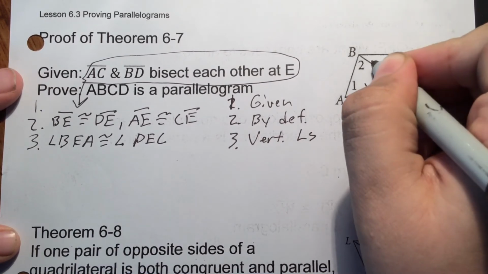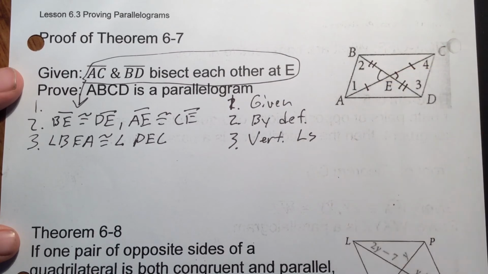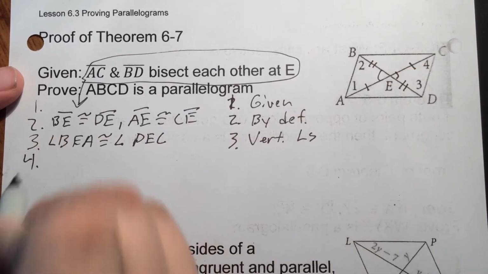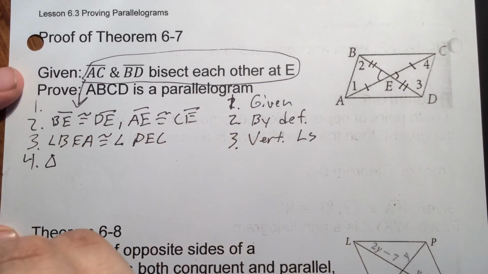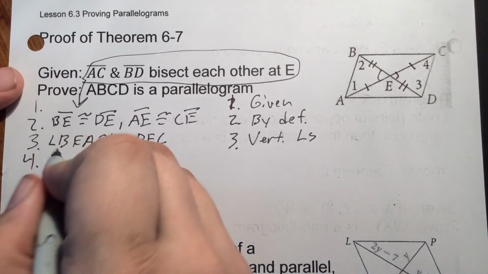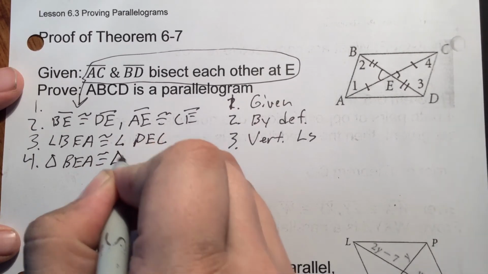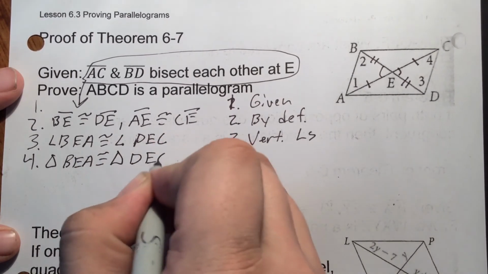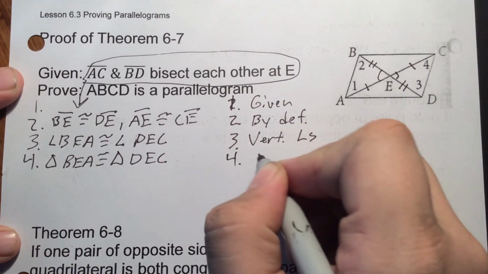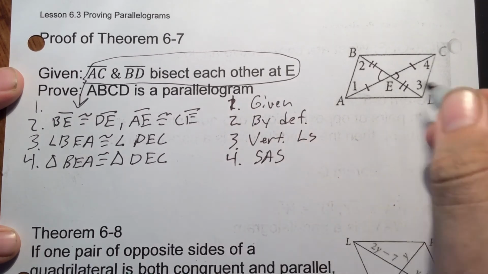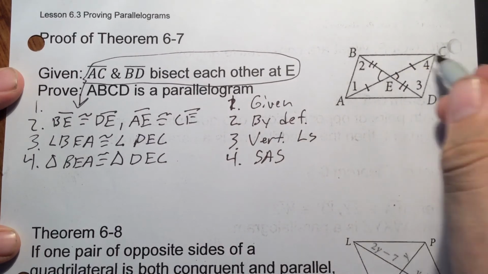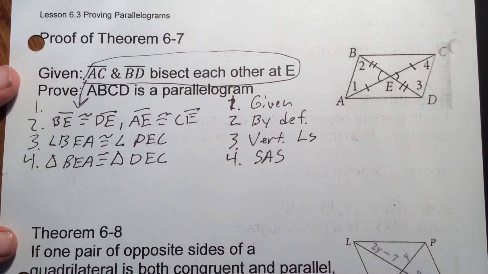We have this side and this side, as well as the angles in between. So we can say that triangle BEA will be congruent to triangle DEC by side, angle, side. So we'd hit side, then an angle, then a side. Side, angle, side. Okay.